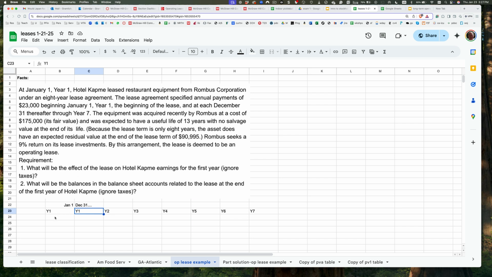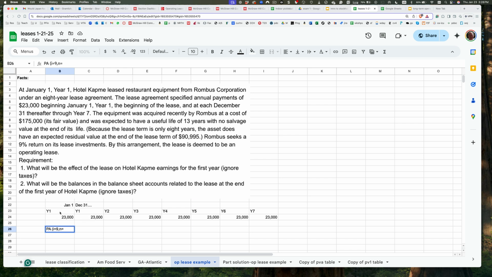It's at the beginning of the year and then all of these years. And each one of those is going to be 23,000. And I'm going to copy like this. And what we have is a present value of an annuity, where I is equal to 9, N equals 7 future payments.